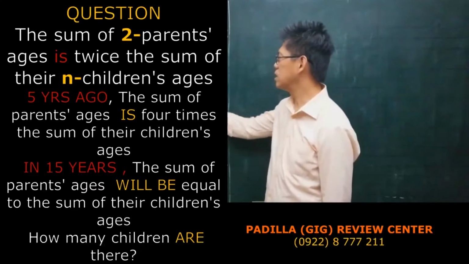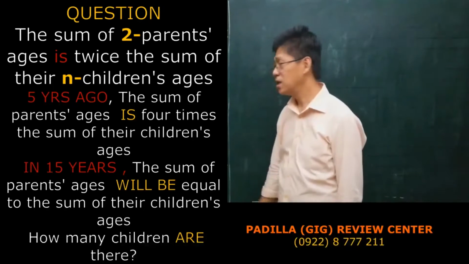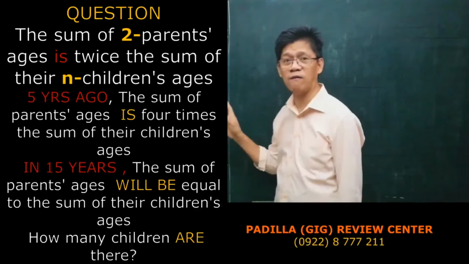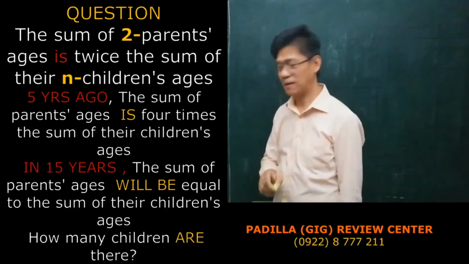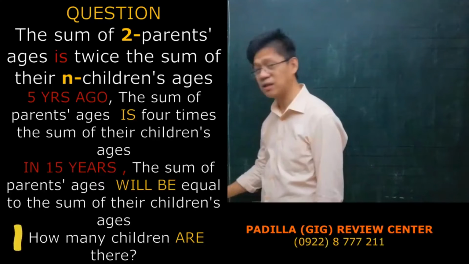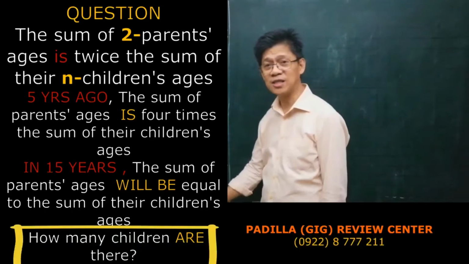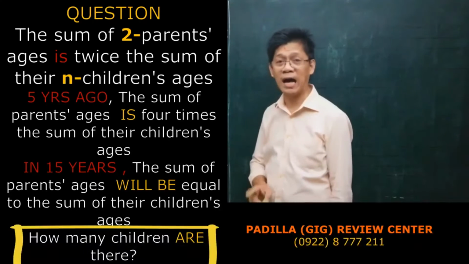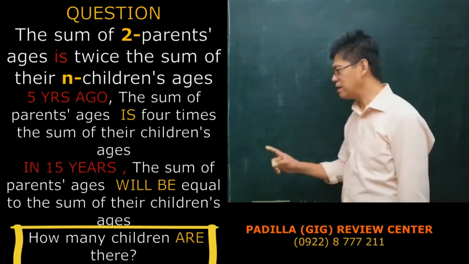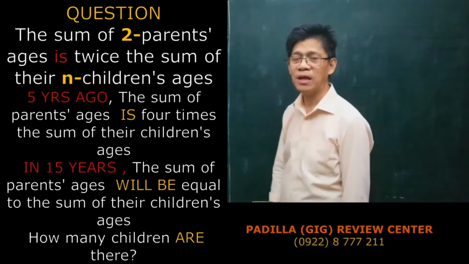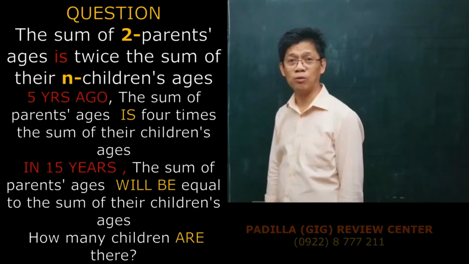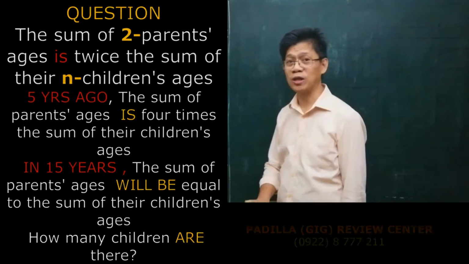5 years ago, the sum of the parents' ages is 4 times the sum of their children's ages. We are talking always of the sum of ages. Now, the question is, how many children are there? This is an age problem, but we're not asked to solve for an age, but the number of people. Now, the technique here is this. Represent the average age of the people whose number you do not know yet.